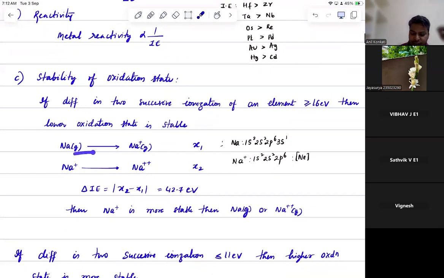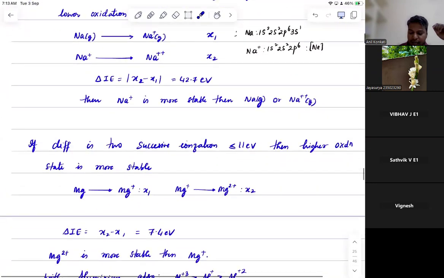For example, sodium releasing an electron requires some x1 amount of energy, and Na plus releasing one more electron requires x2 amount of energy. The difference between these two is 42.7, which means there is a huge difference in energy, which suggests the first oxidation state, that is Na plus, will be more stable compared to Na2 plus.